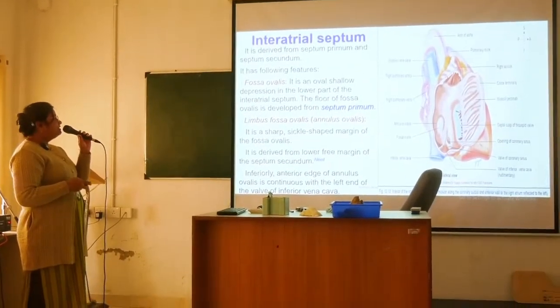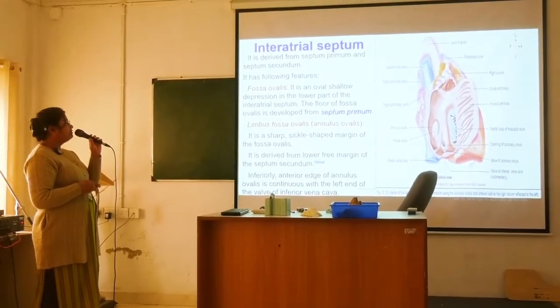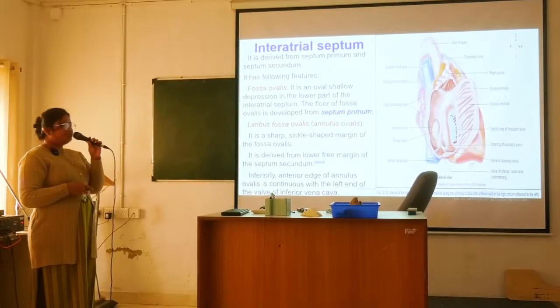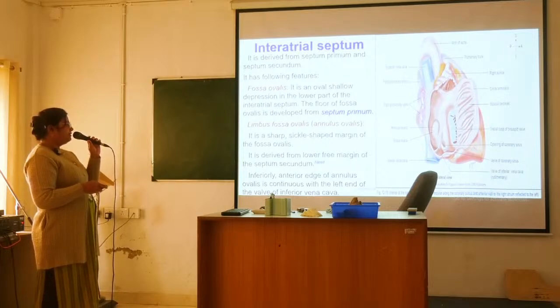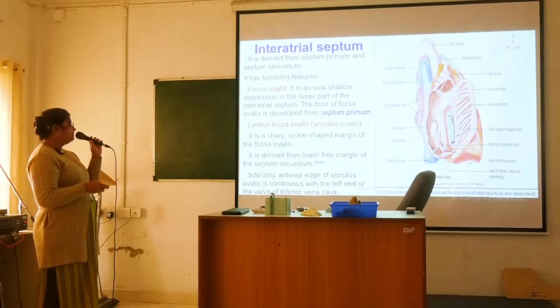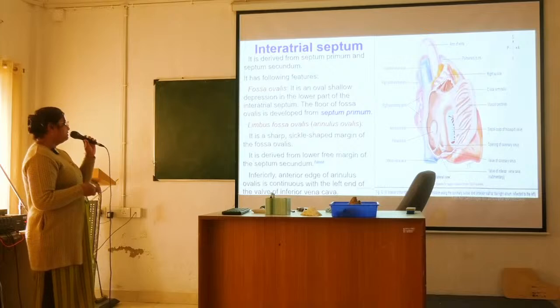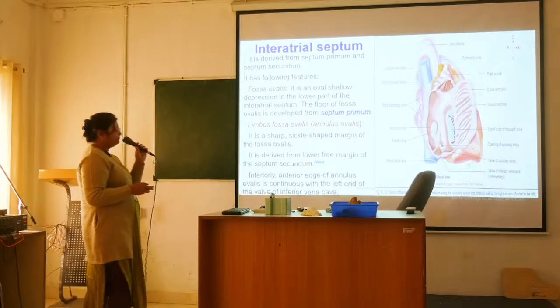It is a sharp sickle-shaped margin of the fossa ovalis derived from the lower free margin of septum secundum, and inferiorly the anterior edge of annulus ovalis is continuous with the left end of the valve of inferior vena cava. See, here is the opening of the inferior vena cava. So the anterior edge of annulus ovalis is continuous with the left end of the valve of IVC.